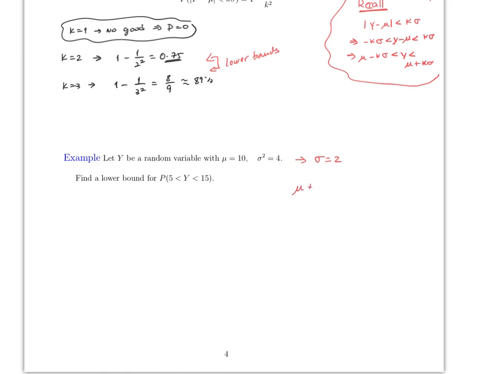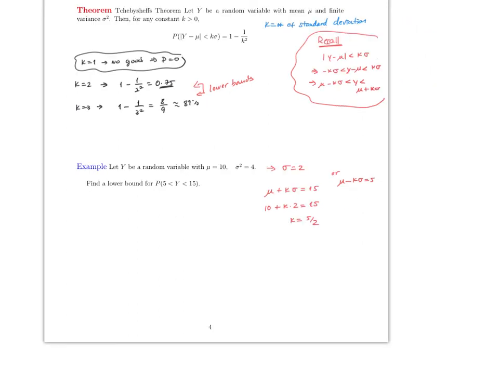Remember that mu plus k sigma has to be 15, or you can say mu minus k sigma has to be 5. So you can use either one. In our case, mu is 10, k is what we're trying to find, sigma is 2, this is 15. So that means that k is equal to 5 over 2.